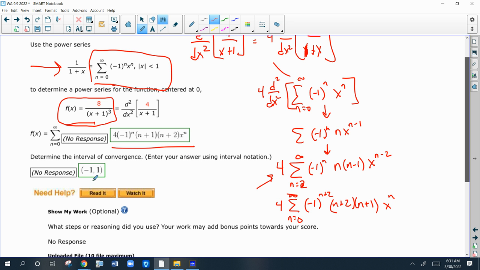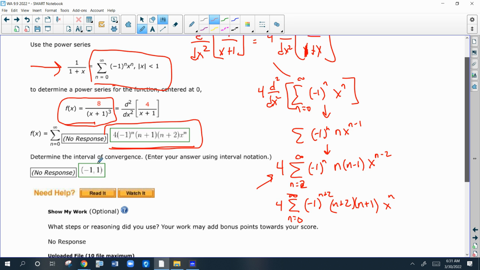So the endpoints may change, so you need to plug in the endpoints to this series right here to see what happens. If you plug negative 1 in for this x and then positive 1 in for this x, you're going to see that this series is definitely going to diverge, it looks like, from the nth term test.